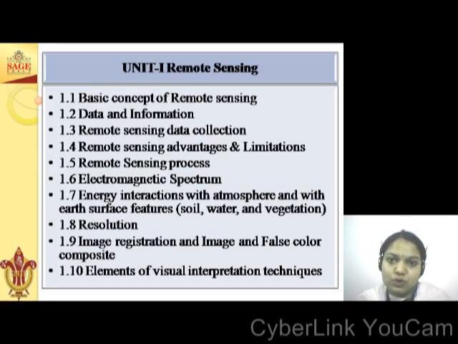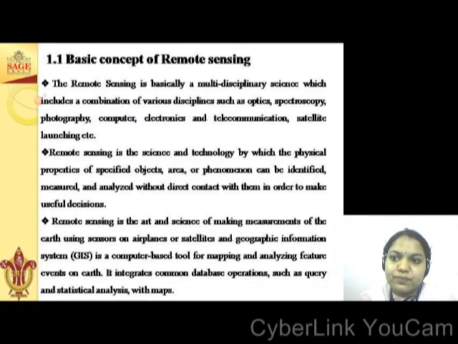These are the 10 modules which I am going to explain within 10 days, and today's lecture is based on 2 modules, 1.1 and 1.2.